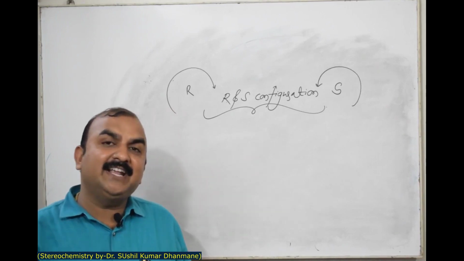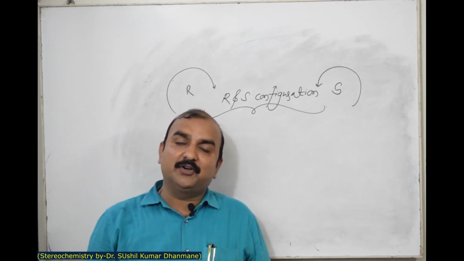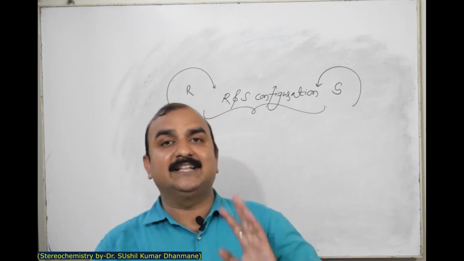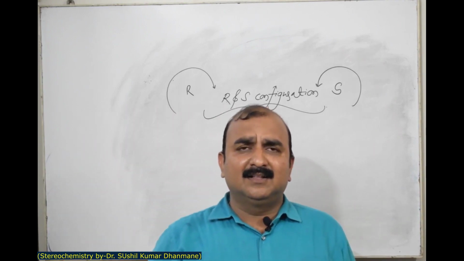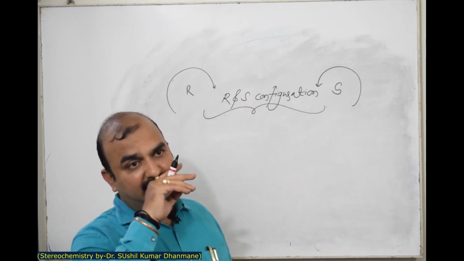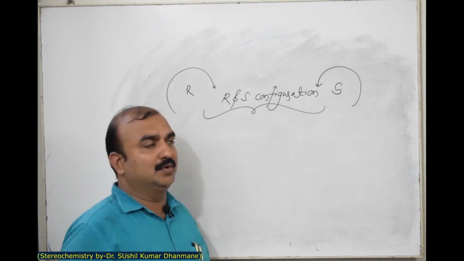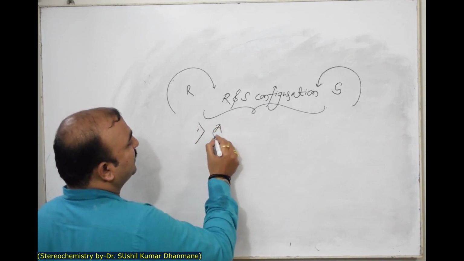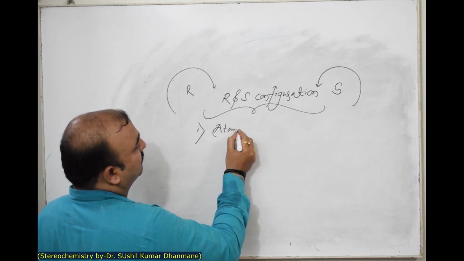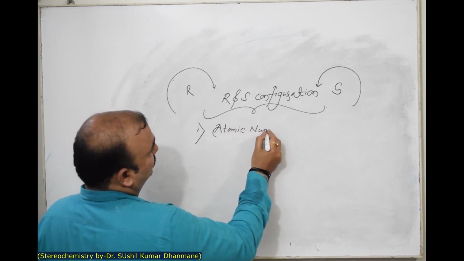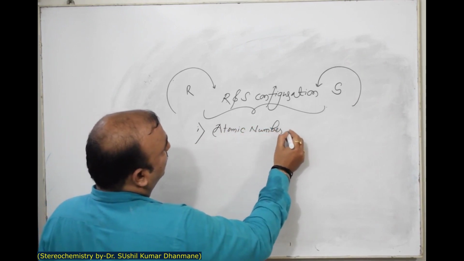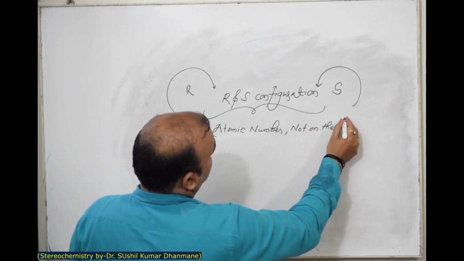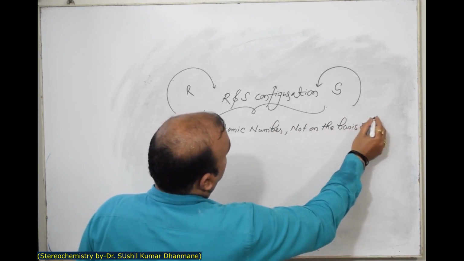Now for finding R and S configuration theoretically, we have a rule. This rule is also known as the selection rule, and it has postulates. The first postulate: priorities are given on the basis of atomic number and strictly not on the basis of electronegativity.